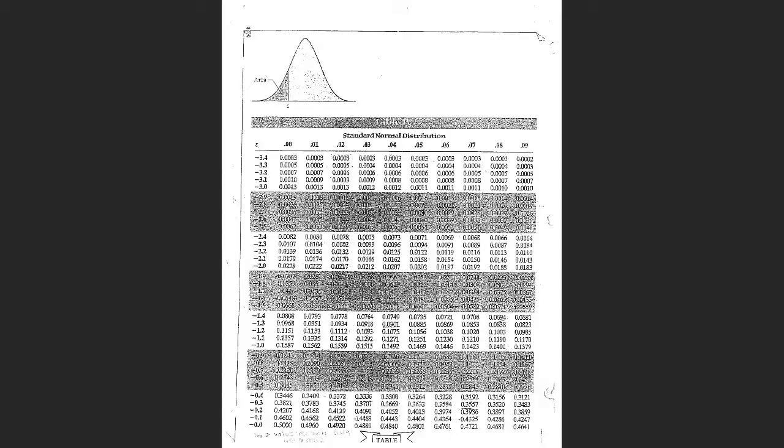First I would look in the left-hand column for the negative 2.4 part, and that would be right here. This table gives me all the areas I need for the standard normal distribution. That means it's based on z-scores. So negative 2.4 would be the row that I drew a red arrow to.